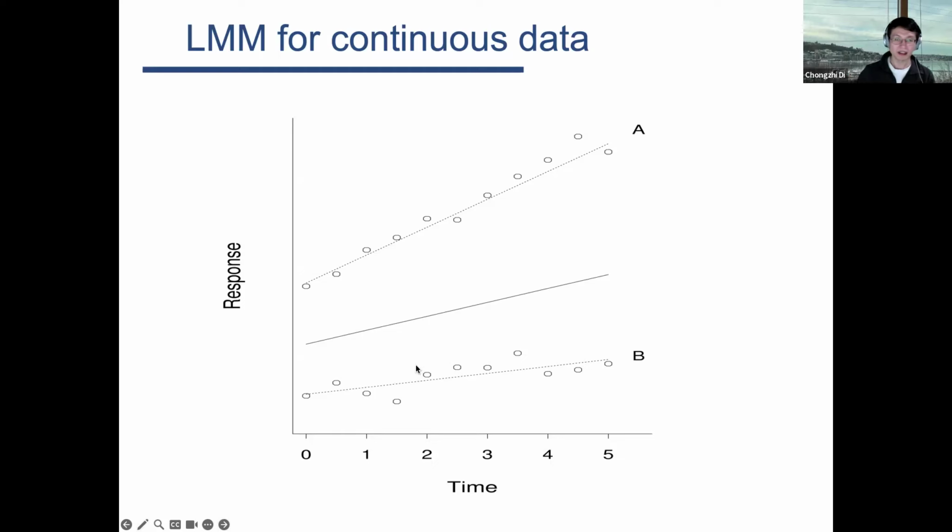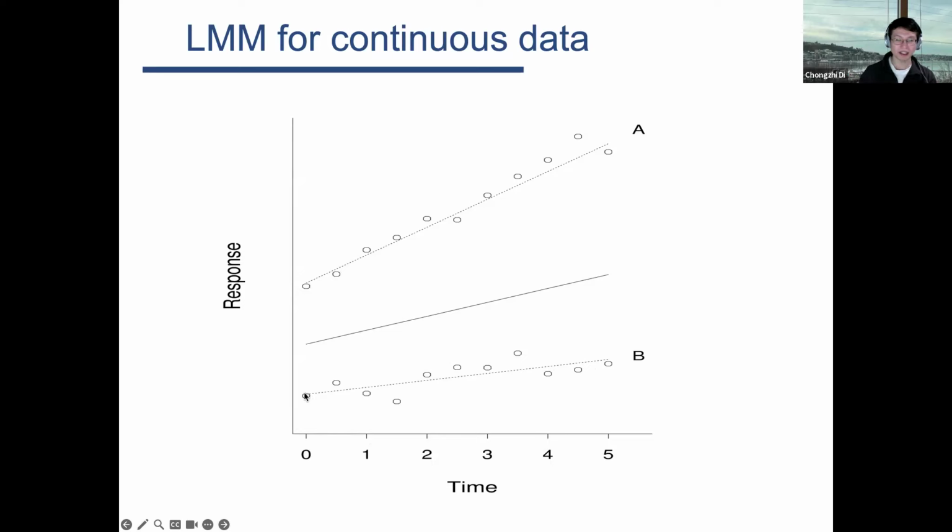So when we are comparing effects, if we look at the change between time 0 and time 1, for subject A the effect is from here to here, so you see a steeper change.